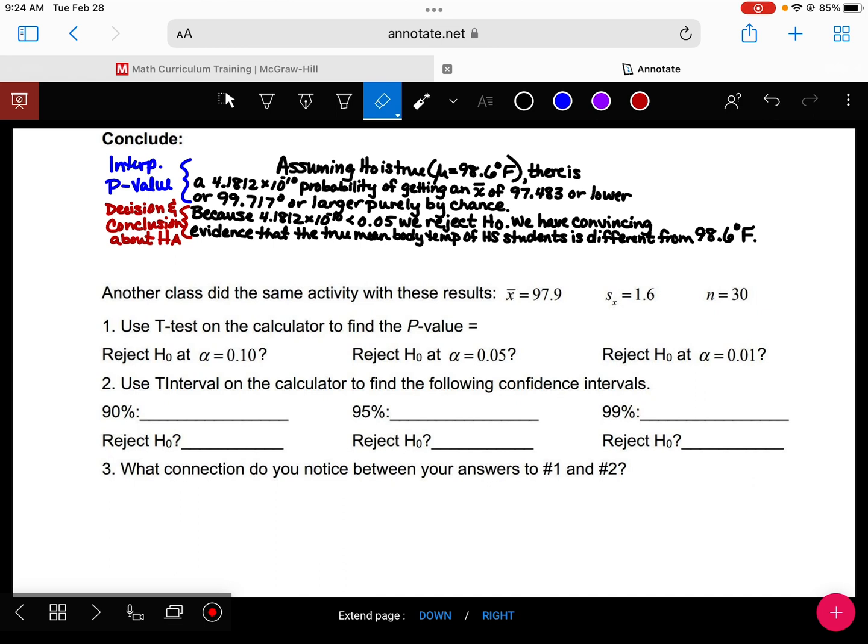I want to use t-test on your calculator to find the p-value. So t-test on the calculator. I'm going to go to stat. I'm going to go over to tests. We're going to do option 2 where it says t-test. Do I have raw data from this other class? No. So I'm going to enter statistics. I'm going to arrow over and hit enter. So that now that's the highlighted piece.